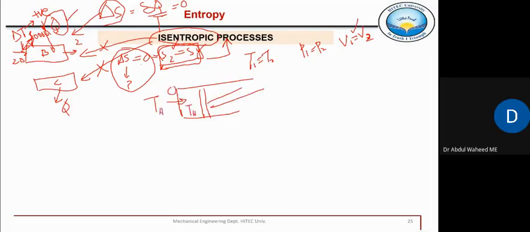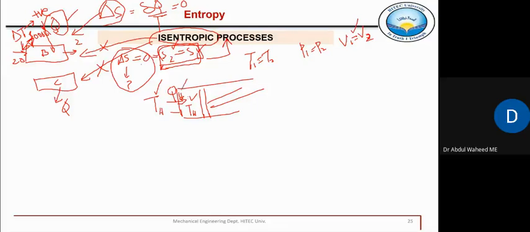We assumed this heat transfer in the Carnot heat engine takes place at constant temperature. The temperature of system and surrounding is the same, and heat is transferred. Of course, that is not possible in reality. That's why the concept of the Carnot heat engine is just a theoretical concept.